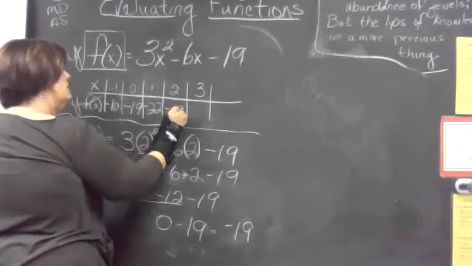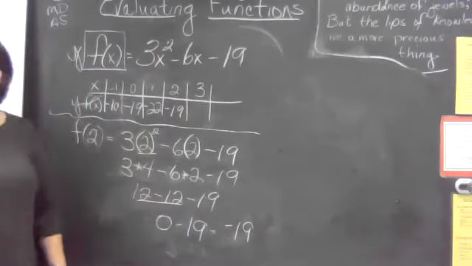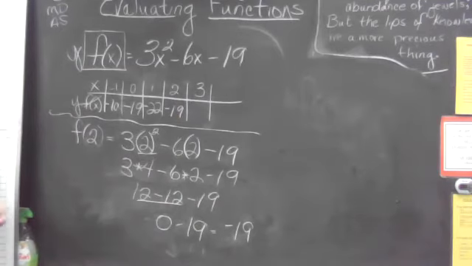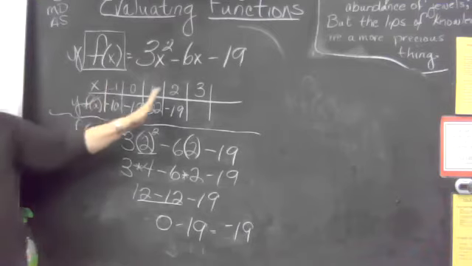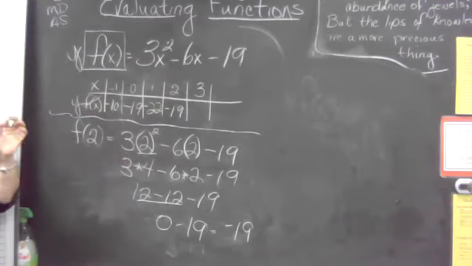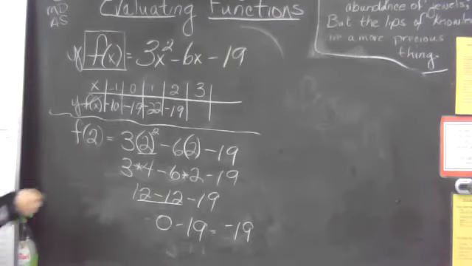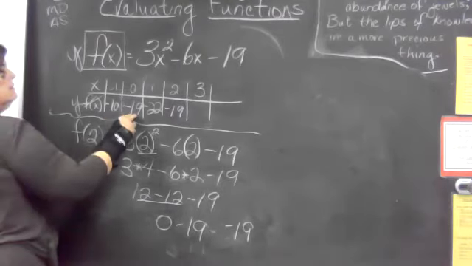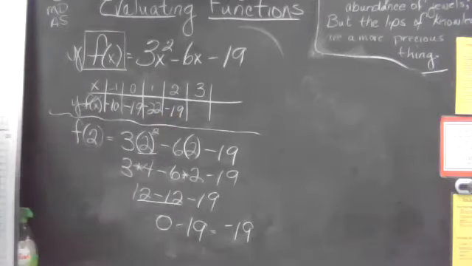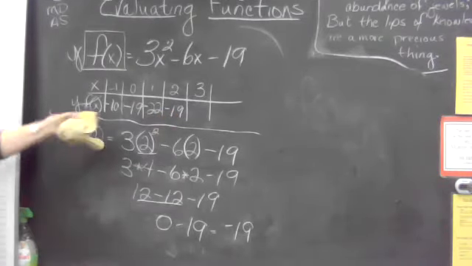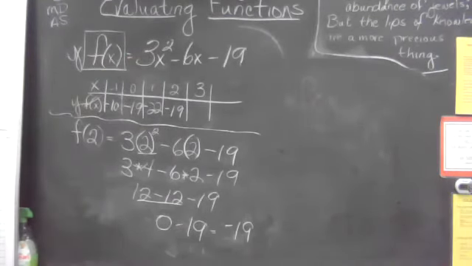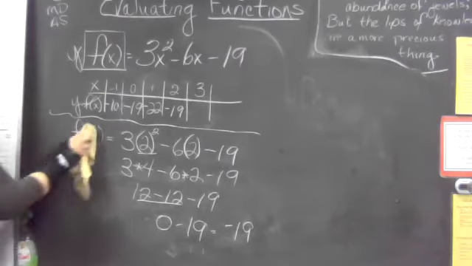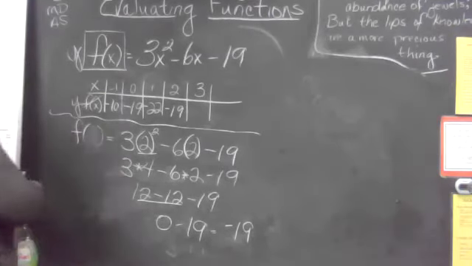Negative 19. Now I will tell you, and you'll see this more later, but everything that is squared, if you go far enough in your t-chart, you're going to start to repeat back. Okay? Meaning I had the negative 19 here, but I also found a negative 19 there. Oh, okay. If it was a straight line, you would never have those repeats. But in a quadratic, you will, if you go far enough in the t-chart.